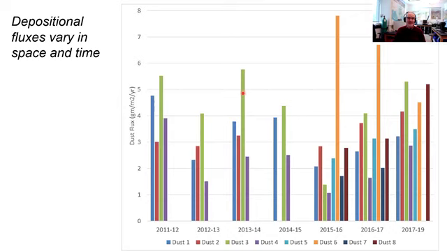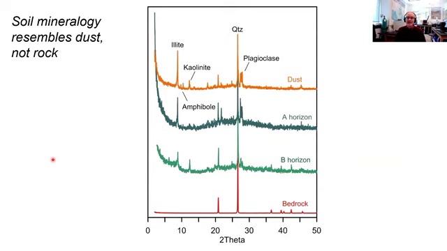On the other hand, it's really nice to have these data from a fairly focused array of collectors in a relatively small area to see just how the time and space components vary. In this case, centering around a mean of about 3 grams per meter squared per year, which matches reasonably well with what little we know about dust deposition rates in similar locations elsewhere in the Rockies.